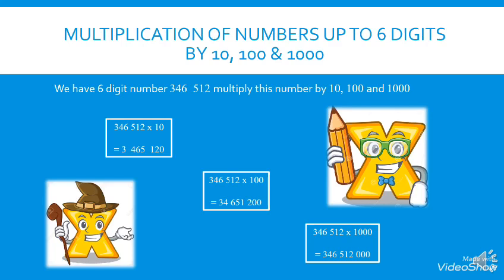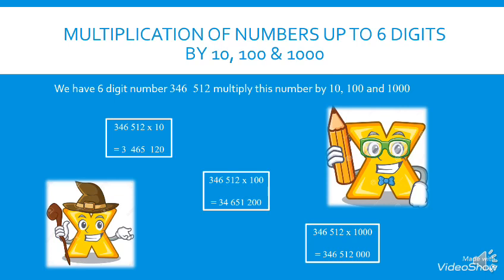Now compare the question with answer. As 10 has 1 zero, we just add 1 zero on the right side of the number. Hence, we place 1 zero to the right side of the given number and the number moves 1 column to the left.